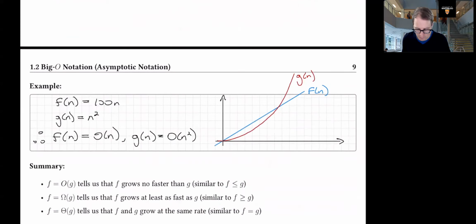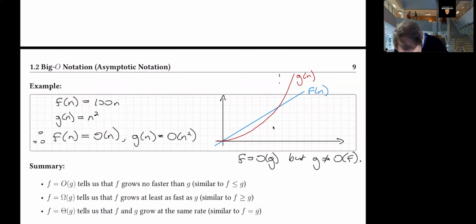And so eventually, I mean, there's a period in time where f is larger than g, but eventually g becomes larger than f. And so we would say here that f is in big O of g, but g is not in big O of f. When n becomes large enough, like over here, g lies above f. So g is an upper bound to f.